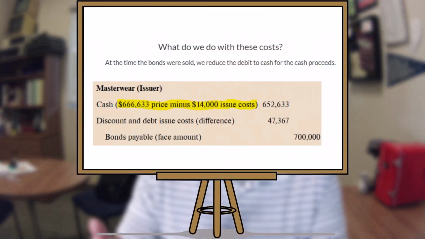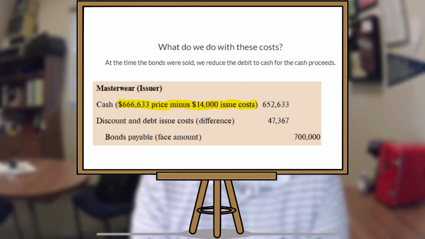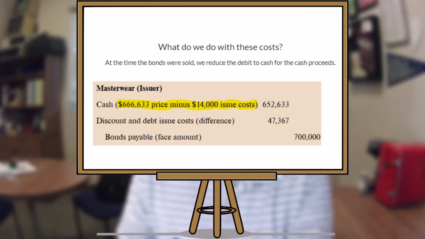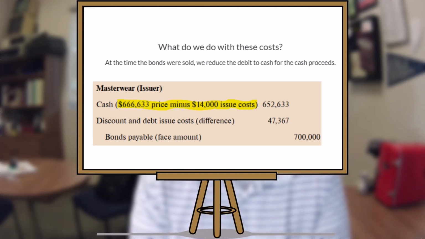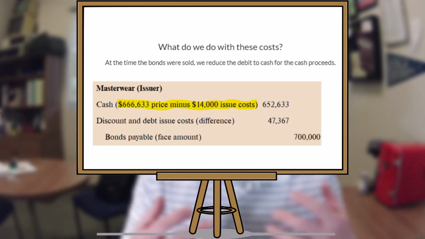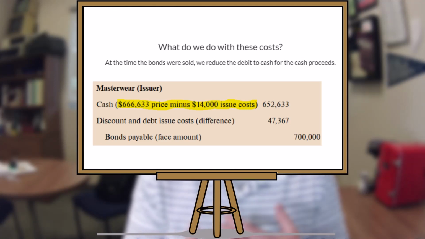All of these costs are necessary for borrowing the money. They're issuance costs associated with issuing new debt. So what do we do with these costs? What ends up happening is we still owe the same amount of money to the lender. If we're selling bonds, we're borrowing money through bonds, we are still going to owe the same amount of money to the lenders, the bond investors, but because we have these debt issuance costs, we're going to receive less cash up front when we borrow the money.